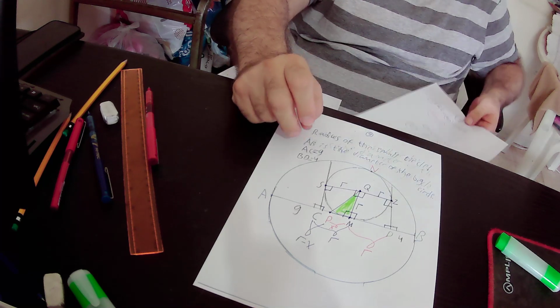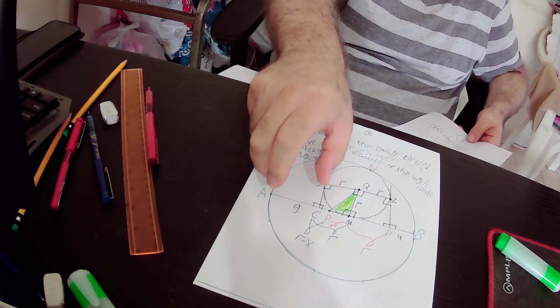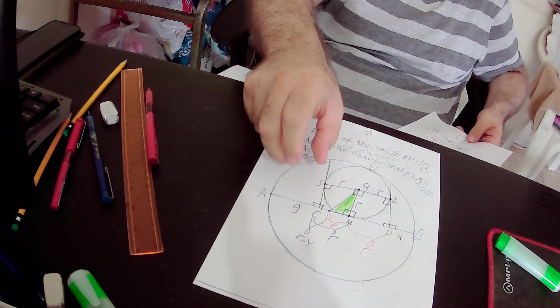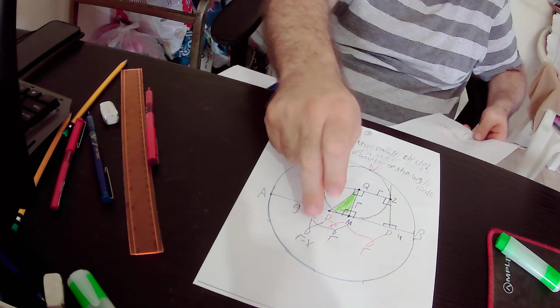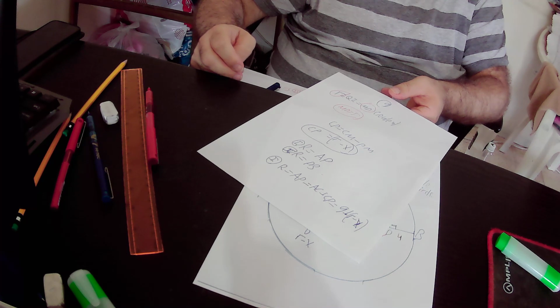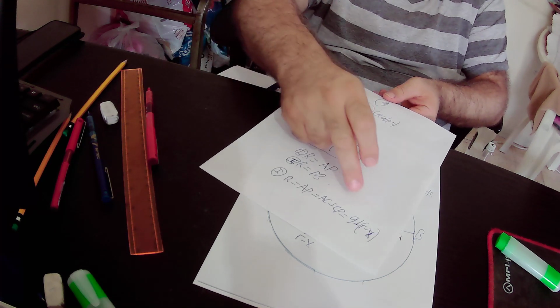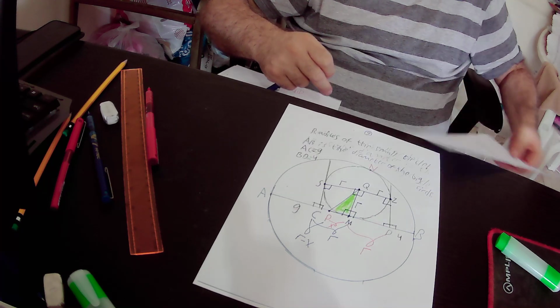But what is the value of AP? AP equals AC plus CP, and AC equals 9 units, and CP equals small r minus x. So in total, AP equals 9 plus r minus x. That is equation number 1.